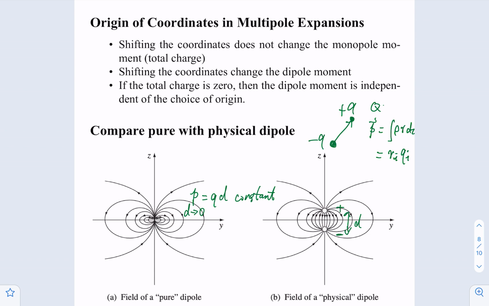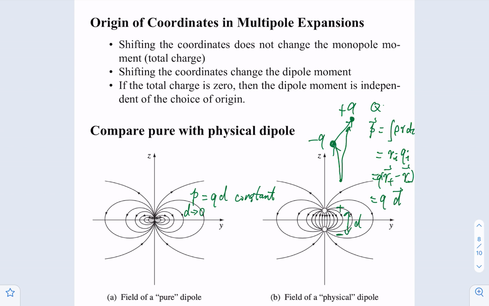And now if we calculate this dipole moment, say we choose our origin, this dipole moment for this special case where the total monopole is 0 equals R plus minus R minus times Q, where this R plus minus R minus is simply the separation vector between the two.